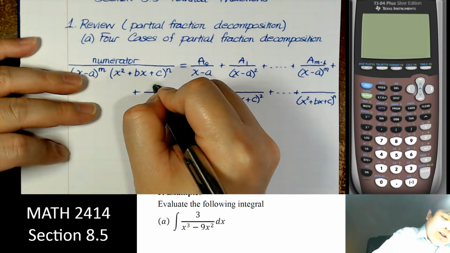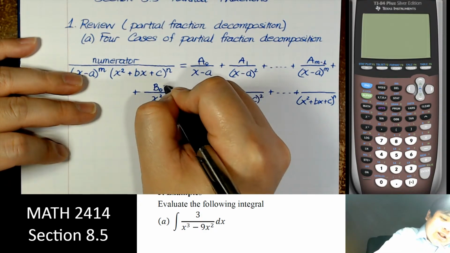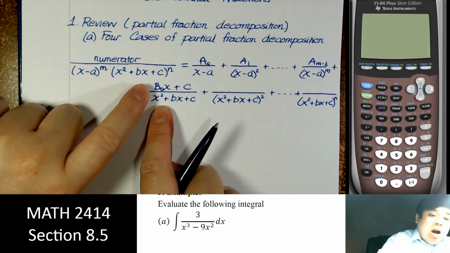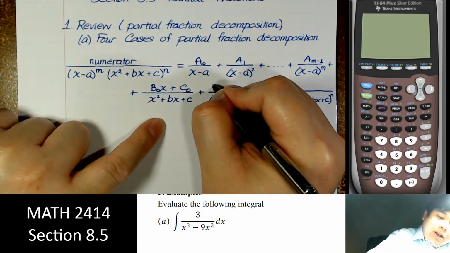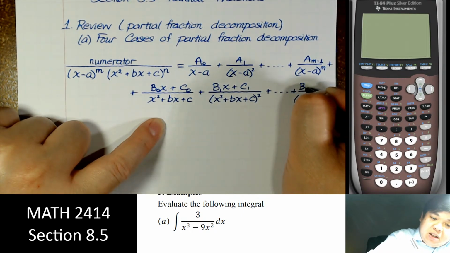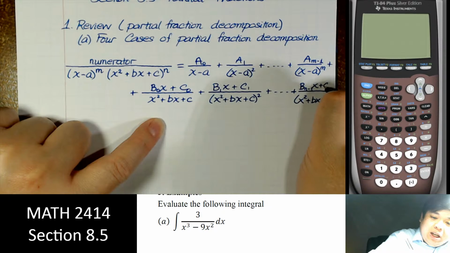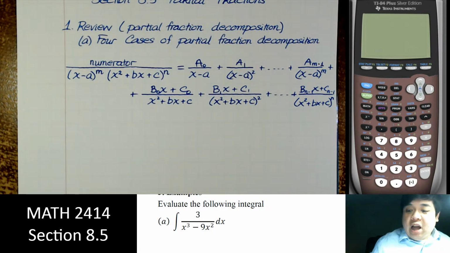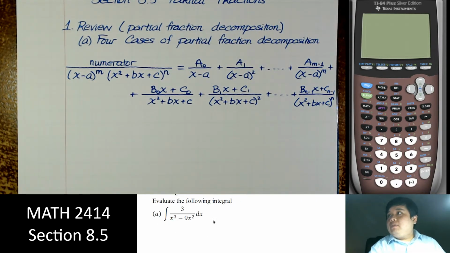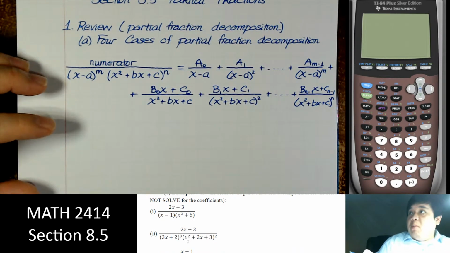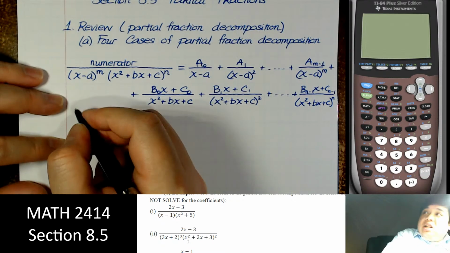So we have b0 x plus c0. The bottom has x squared, the top has 1 less power, just x. And then b1 x plus c1, all the way to b n minus 1 x plus c n minus 1. Don't get too hung up on the coefficients, because usually we will not need that much. So the first part of the partial fraction is breaking up the denominator into a bunch of fractions. And the second part will be determining the coefficients.